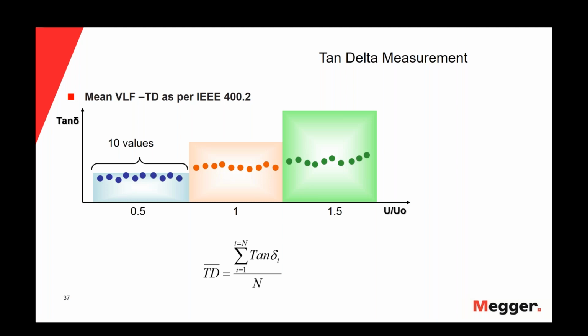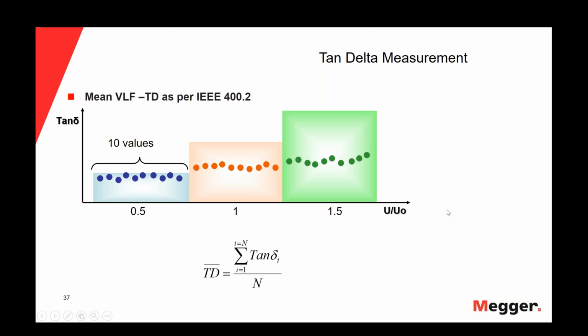In this case, that number is 30, because we have 10, 10, and 10.